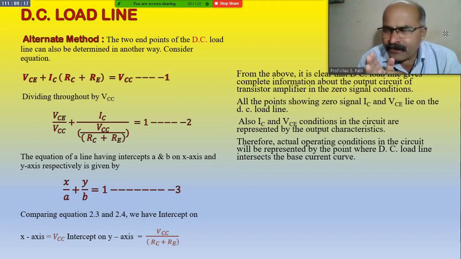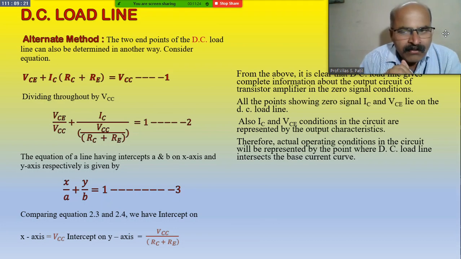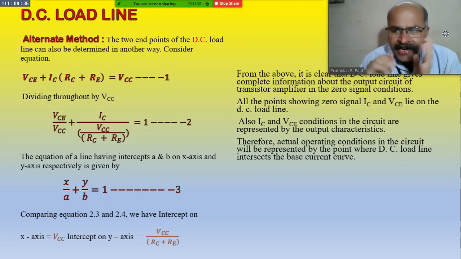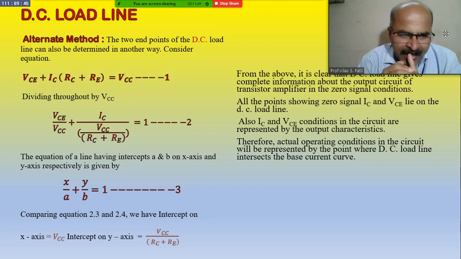In the alternate method, which is one of the optional methods, we know that if Kirchhoff's voltage law is applied to the output loop of the common emitter transistor amplifier circuit, then the equation becomes VCE plus IC into (RC plus RE) is equal to VCC.